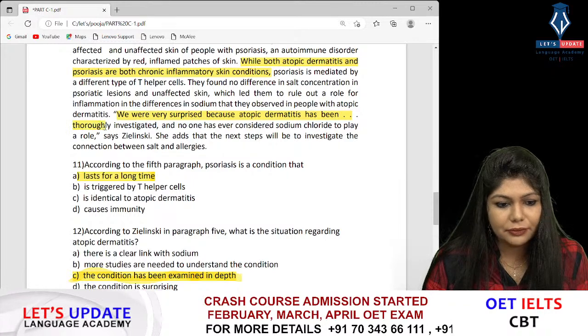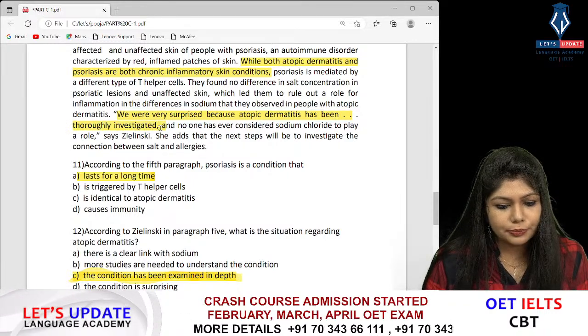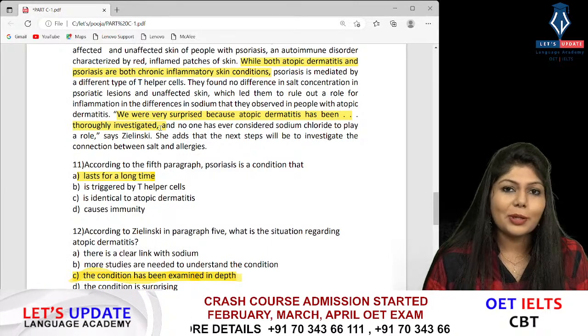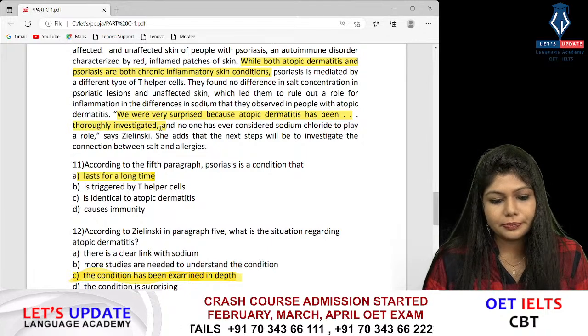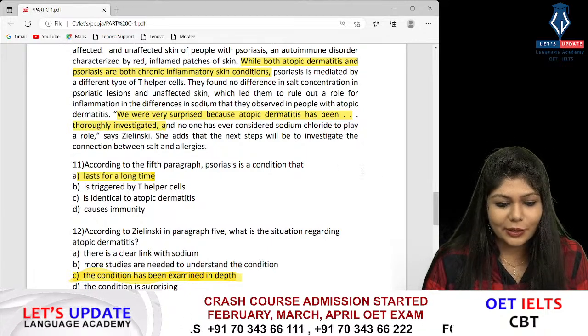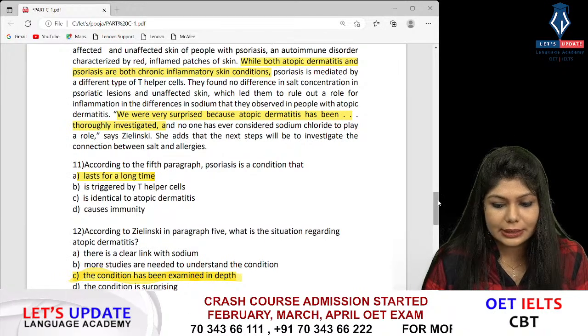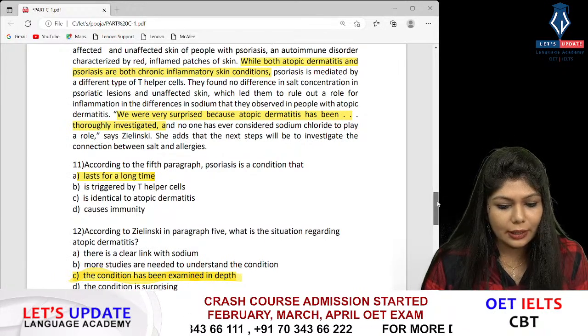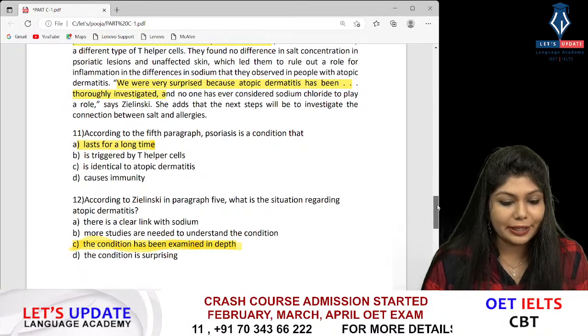That means they have thoroughly investigated, which is the same as option C, that the condition has been examined in depth. So that is why your answer is C, and you can eliminate A, B, and D, because no such information is mentioned in the paragraph.